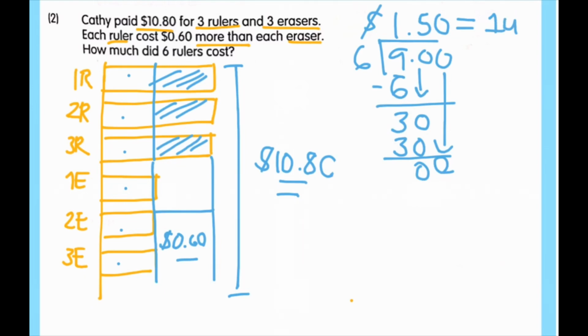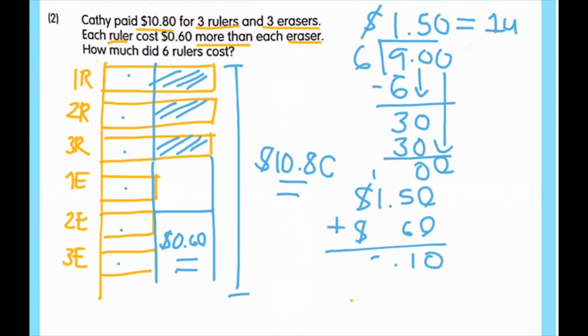How much do the 6 rulers cost? To find out 1 ruler, we add $1.50 with 60 cents, which gives us $2.10. $2.10 is the price of 1 ruler.